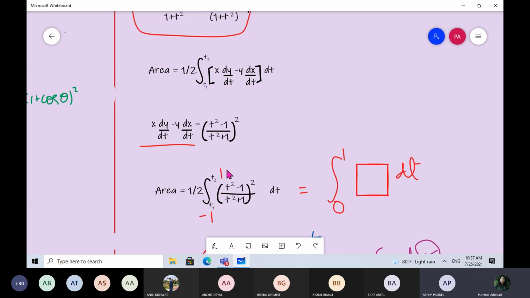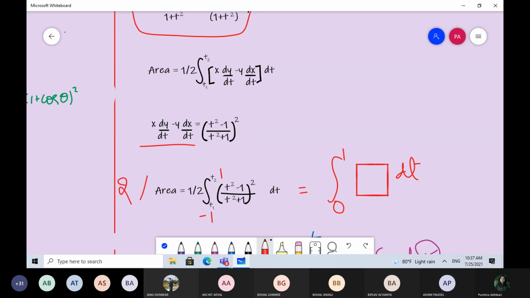By multiplying by 2. Very good, by multiplying by a symmetric integral. Yes, exactly. If you take 2 times, you can convert it to 0 to 1 because f of t here is an even function. If it were an odd function, we would not need to integrate at all, we would directly put 0.